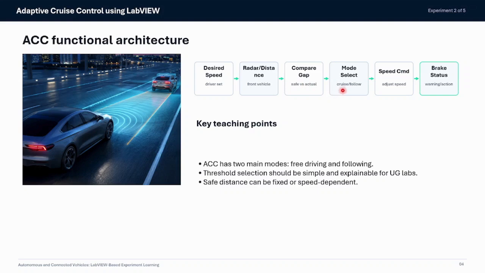Then the mode is selected: apply the brake, or cruise and maintain the normal cruise speed. Then we use the speed control and the brake state, whether to apply the brake or not. This is the basic structure of adaptive cruise control. Free driving and following threshold selection should be simple and explained in the lab. We explain the basic logic we use to implement adaptive cruise control. The safe distance can be fixed or speed dependent.